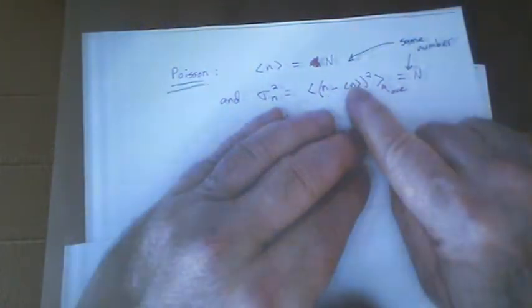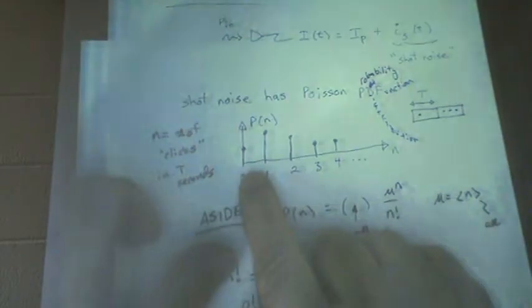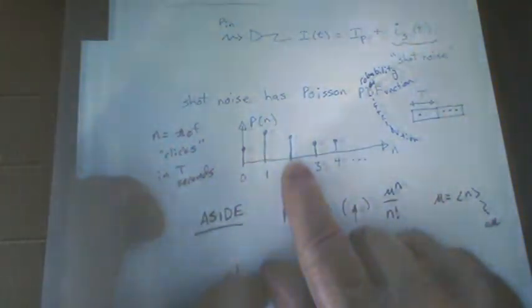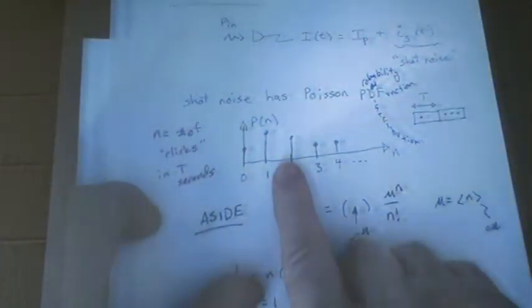Pointy brackets around it means average value of that random variable. That's where, you know, if I made this out of wood, if I had these little tinker toys and each one was that high, so that each one weighed that much, I put it on a stick, I try to balance the stick, it would balance at its average.